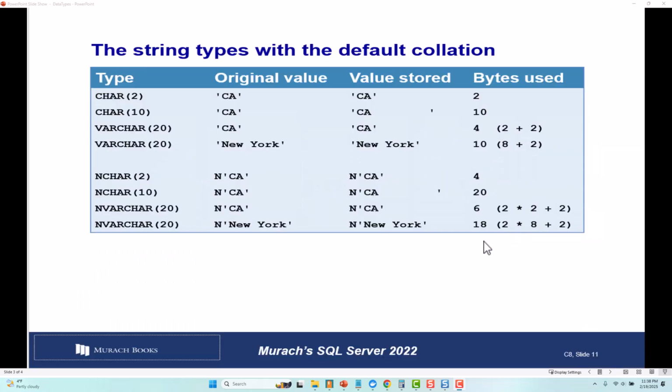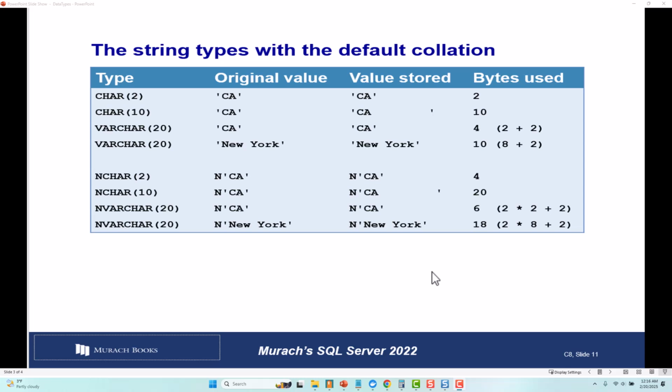Now moving on, we're going to use one of our SQL Server slides to take a look at the difference between our fixed length char and nchar, and our variable length varchar and nvarchar fields. If we look at the example, it's going to start with the char 2, and this is going to store CA, the abbreviation for California, and we can see that the value stored is CA, and the number of bytes used is 2.